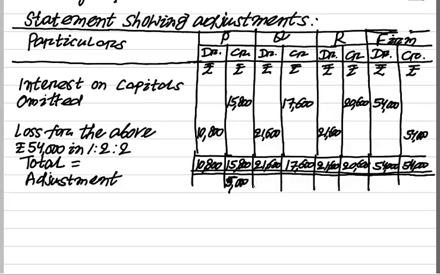Then next is 4,000 for Q in debit, and the last one is for R, it is 1,000 debit. There are 2 debits and 1 credit. Then this answer will come like this: Q's capital account debited, R's capital account debited to P's capital account. We have to pass an adjusting journal entry.